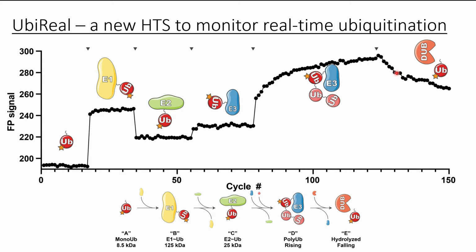And in the final step of this, when we added a deubiquitinating enzyme, lo and behold, we could see that this signal would begin to decrease as these large ubiquitin complex signals slowly were cleaved to free the fluorescently labeled ubiquitin by itself.